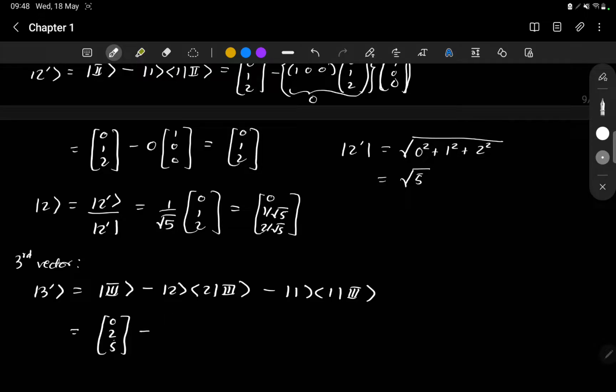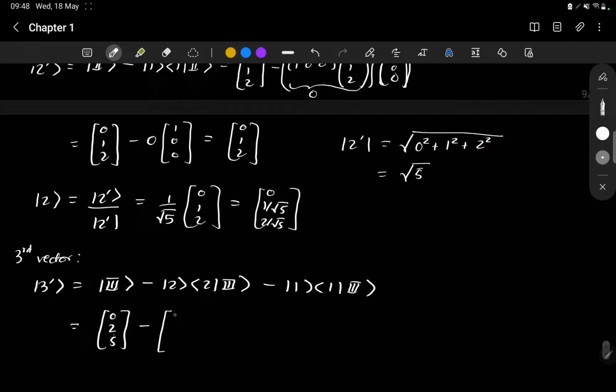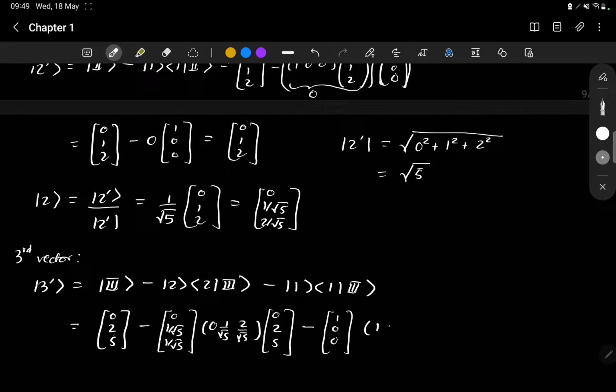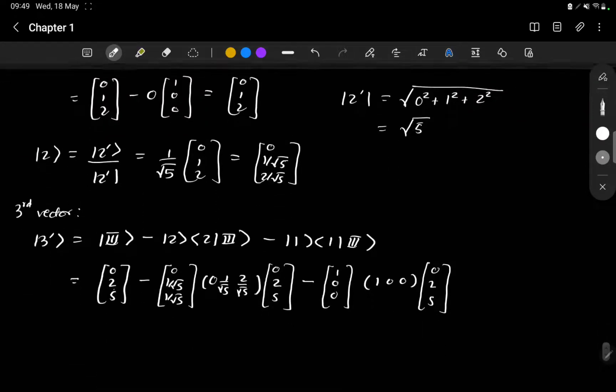Subtract its projection along the second vector, and then the projection along the first vector. Let us just solve this.